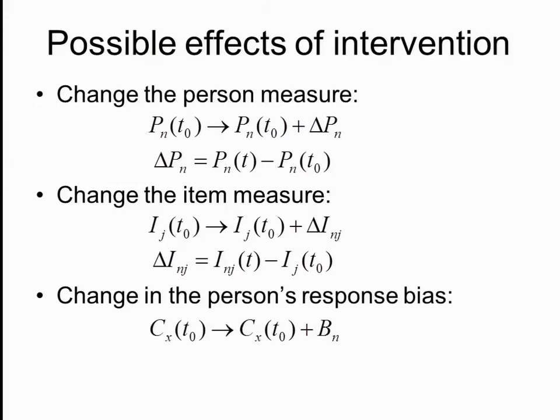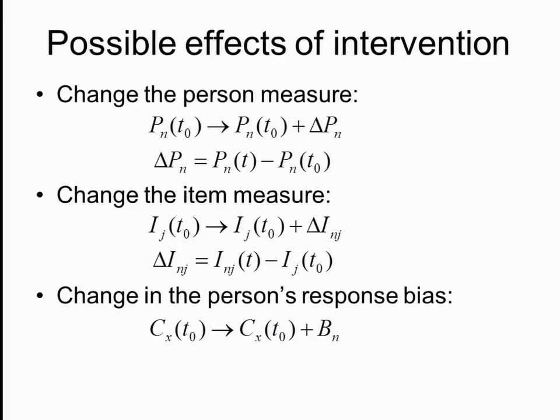So in that case, the response criteria at baseline have built into them the person's bias. We normally don't express the bias separately, but the bias might change as a result of the intervention.